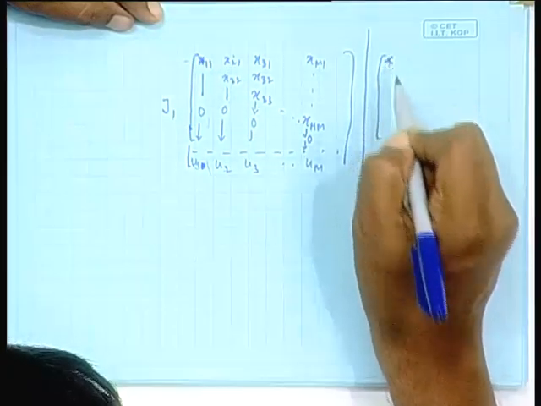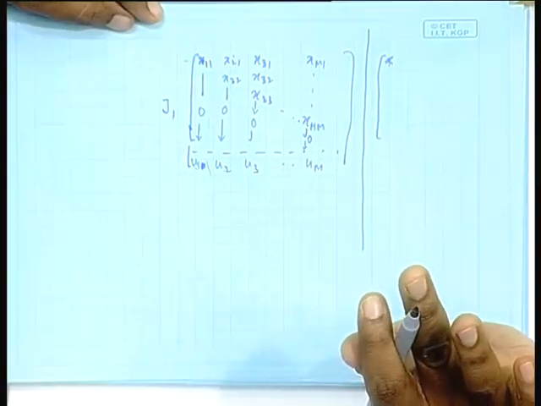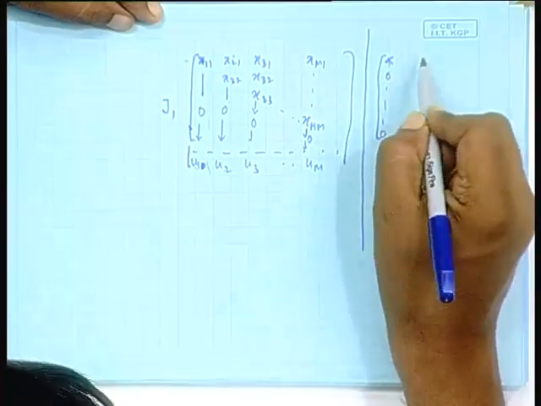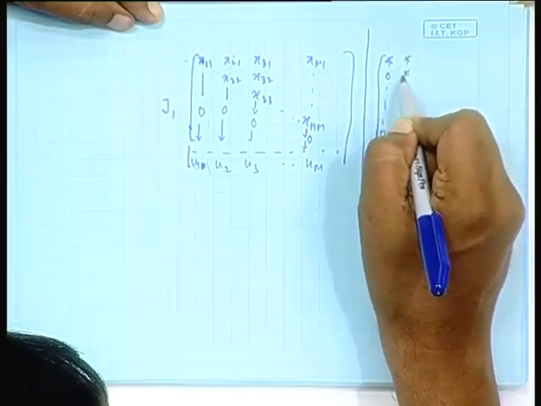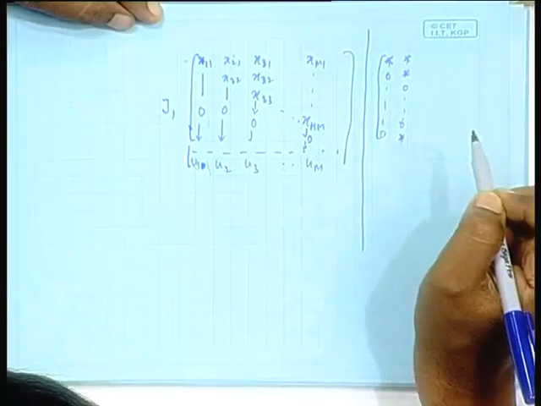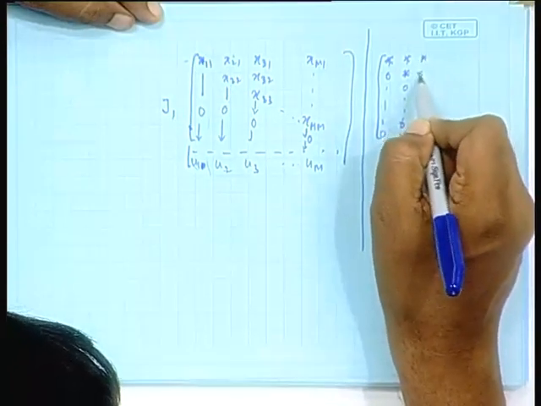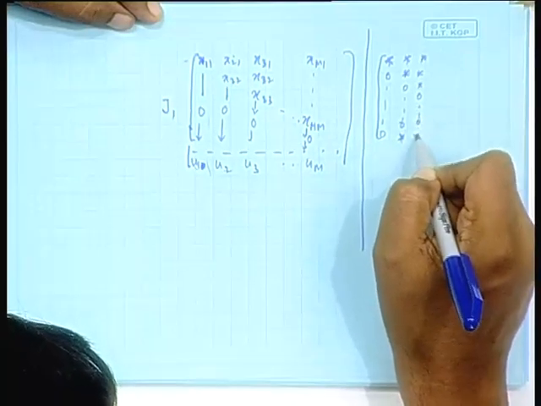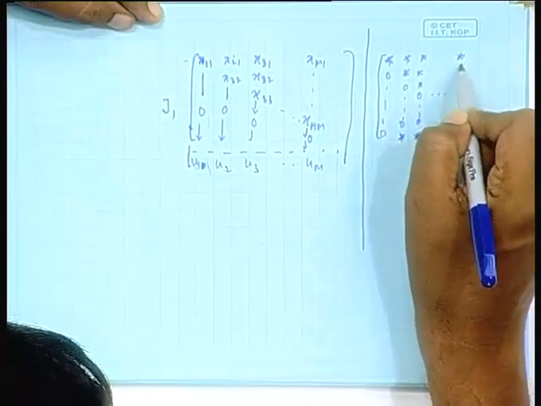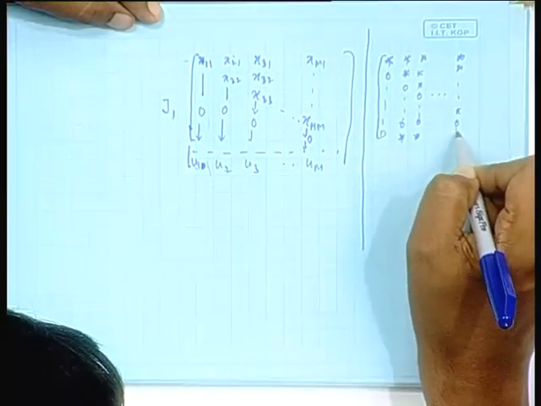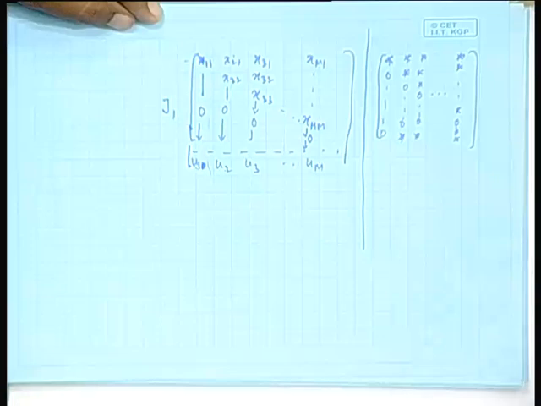I will have star; star means non-zero in my notation, and then zeros. And here will be star, star, 0 0 0, star. Then star, star, star, 0 0, star, dot dot dot, star, star, dot dot dot, star, zeros and star. This is my structure. Exact values I do not care.